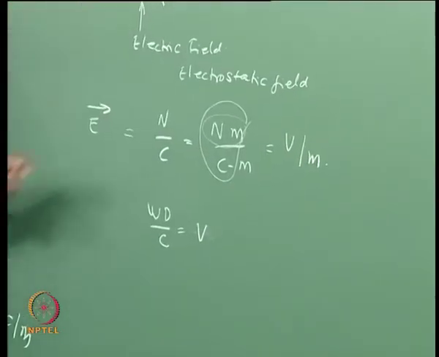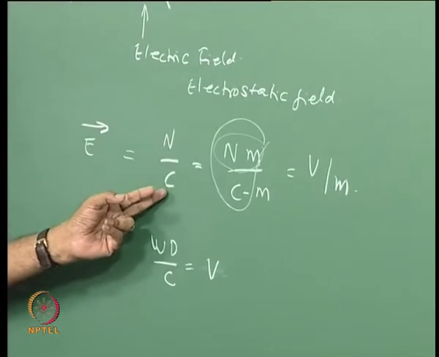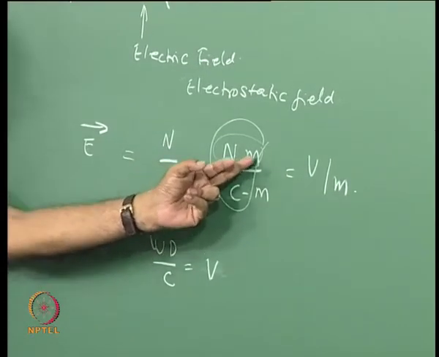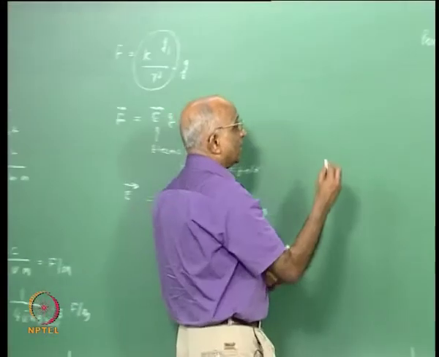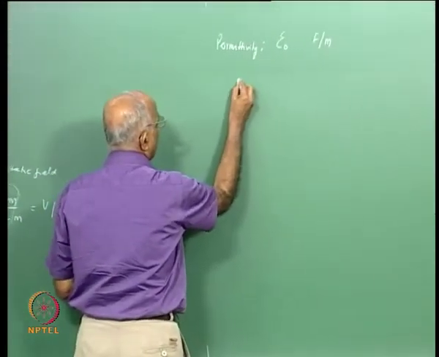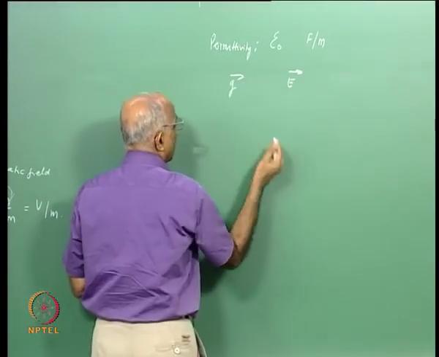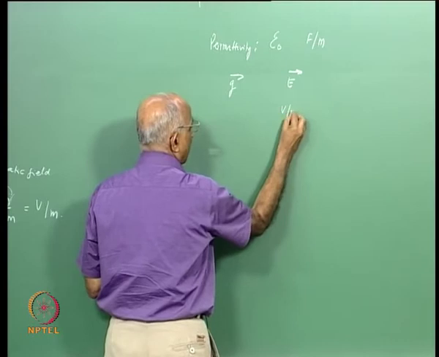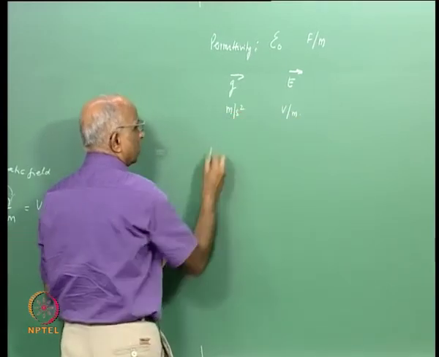Therefore, the unit of the electrostatic field is strictly Newton per coulomb, which can be written as Newton meter per coulomb meter, which is voltage per meter. So the field E, the electrostatic field, is written in terms of volts per meter, just like the gravitational field G is written in terms of meter per second square.